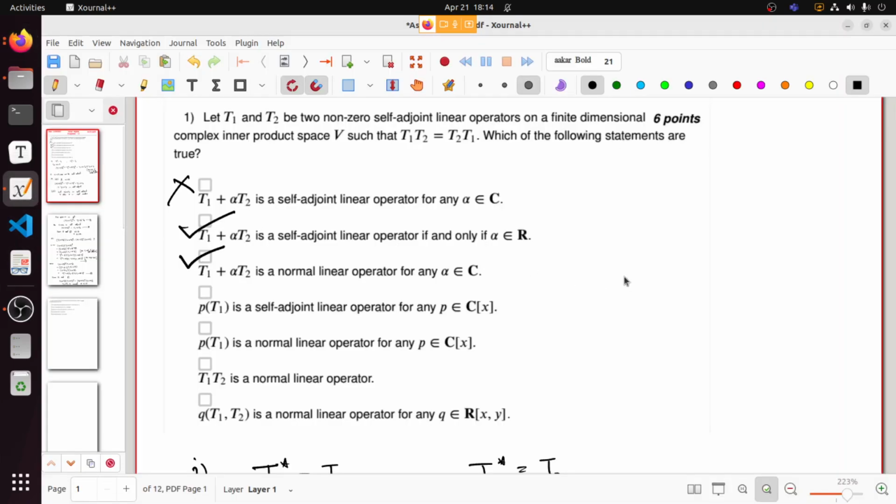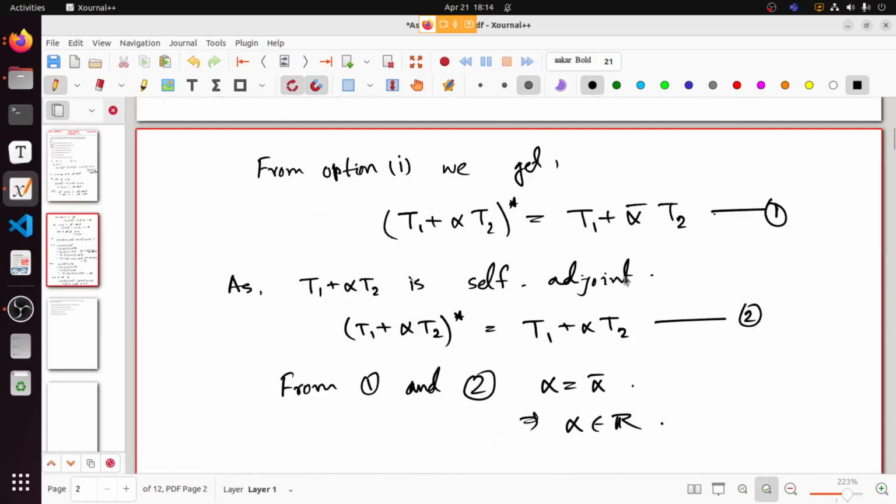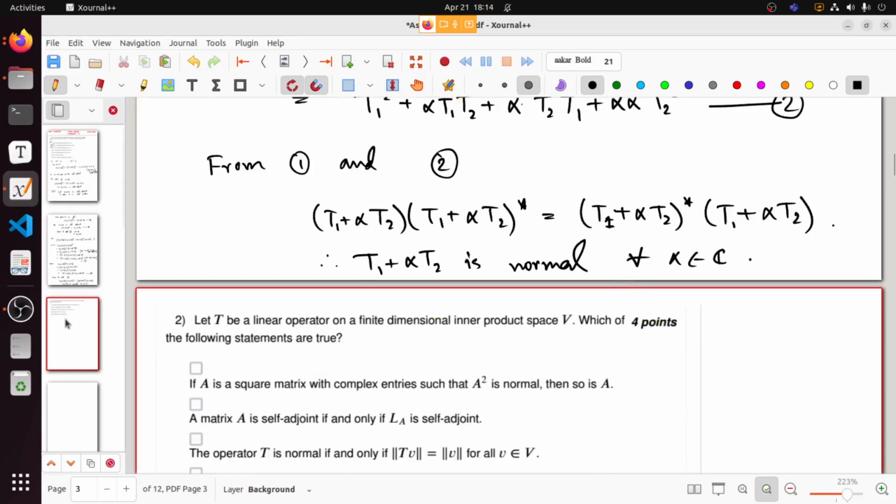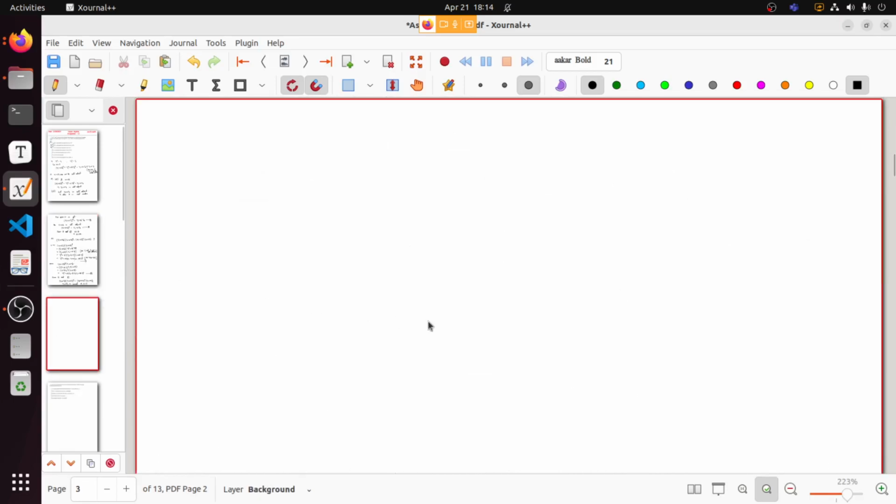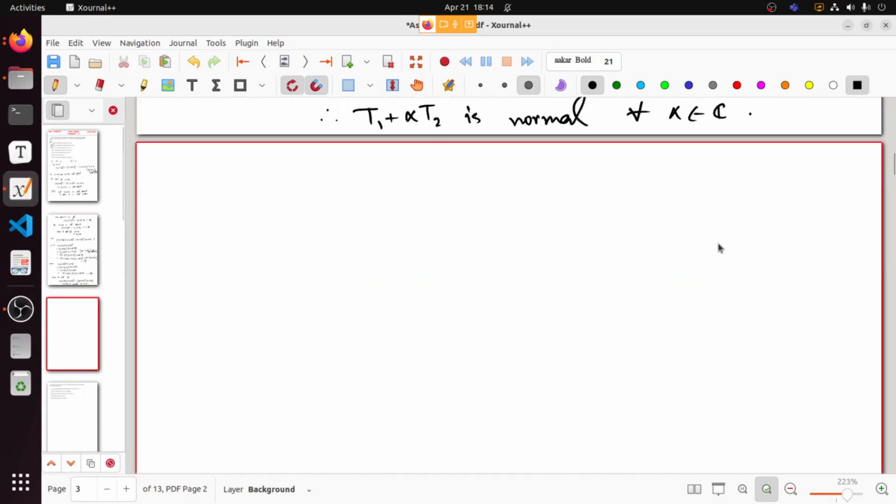This is not true, and you can check it with a trivial polynomial. Take P of x equals alpha times x, where alpha is a complex number, because this is a complex polynomial.